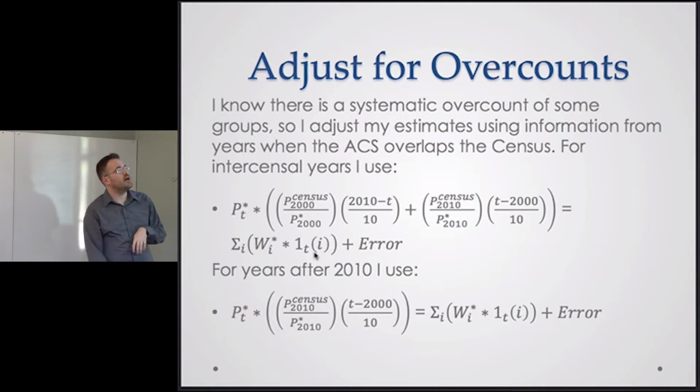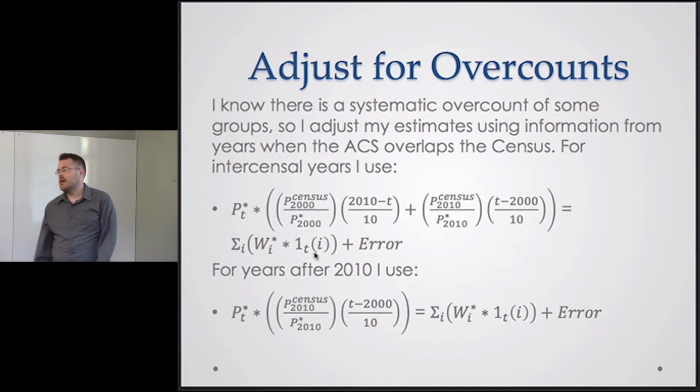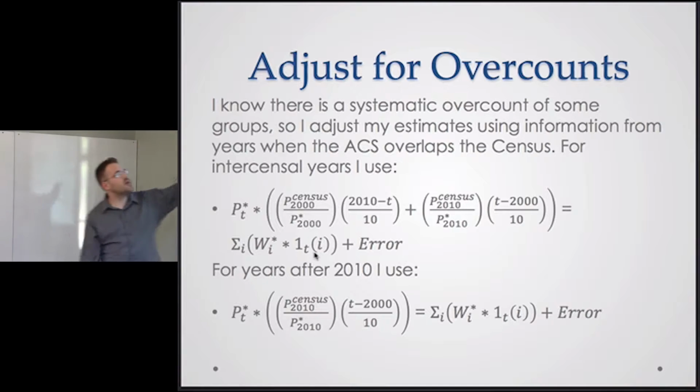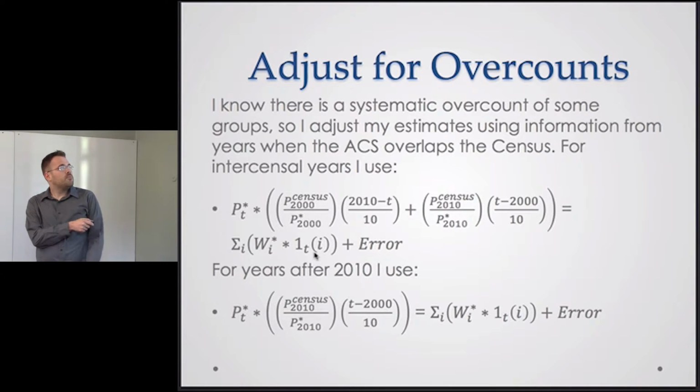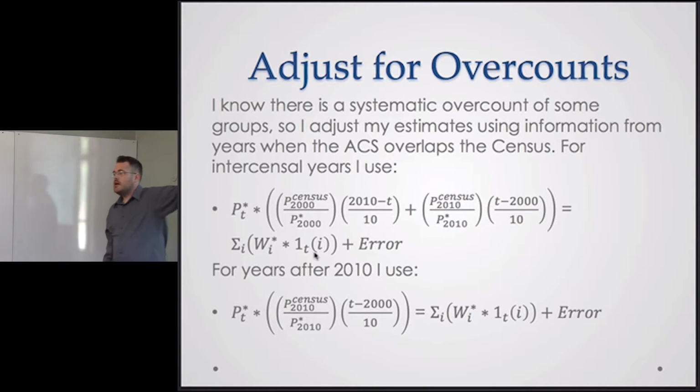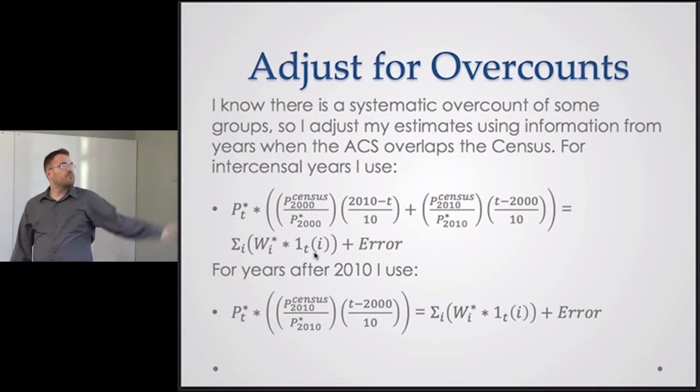So to account for that, I then adjust my weights, my population estimates, so that I account for the overcount when the ACS overlaps the census. So in 2000, I take the census estimate of a particular subgroup, I divide it by the estimate that I get from my population estimates from the American Community Survey portions.